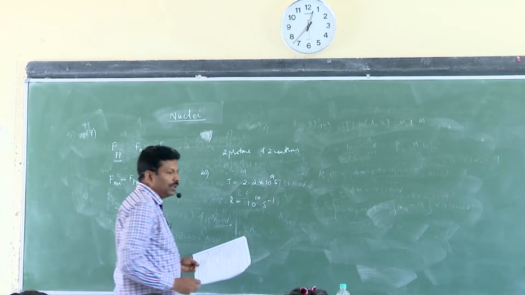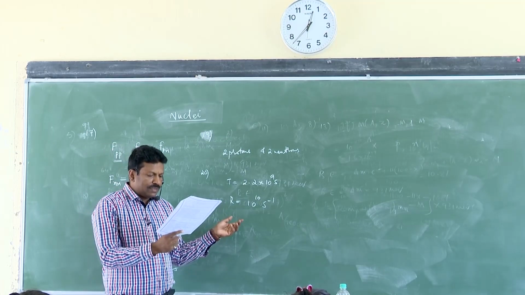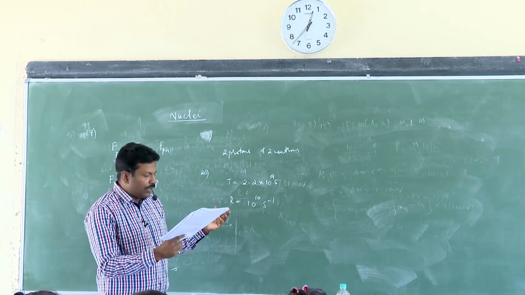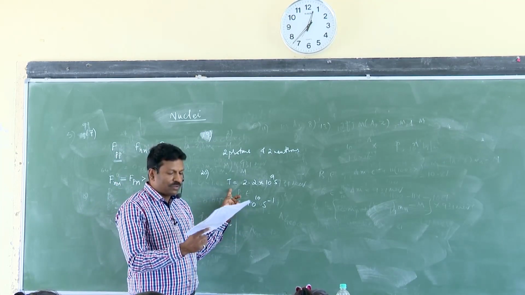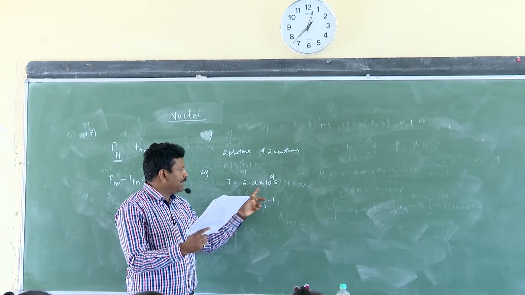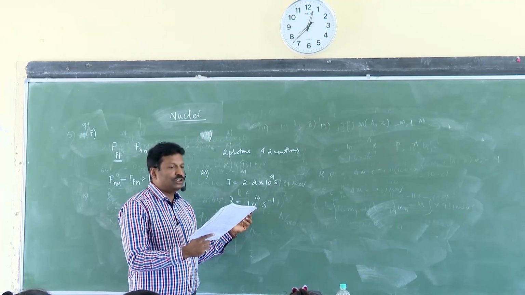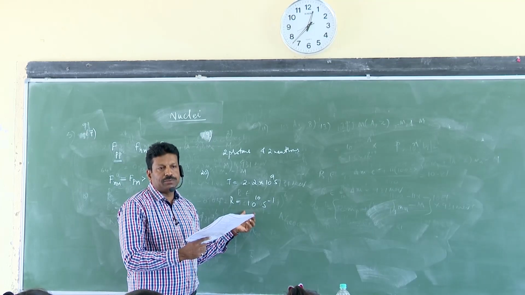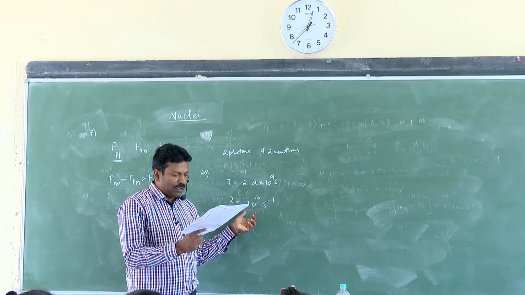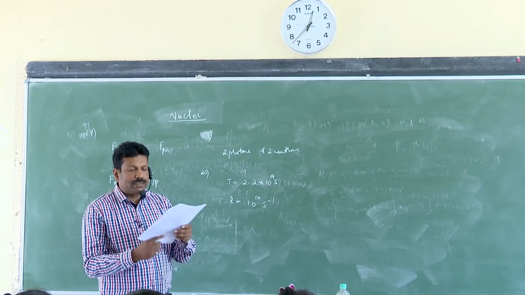This is the rate of disintegration. R is given. Find the number of radioactive atoms in the sample at that time.